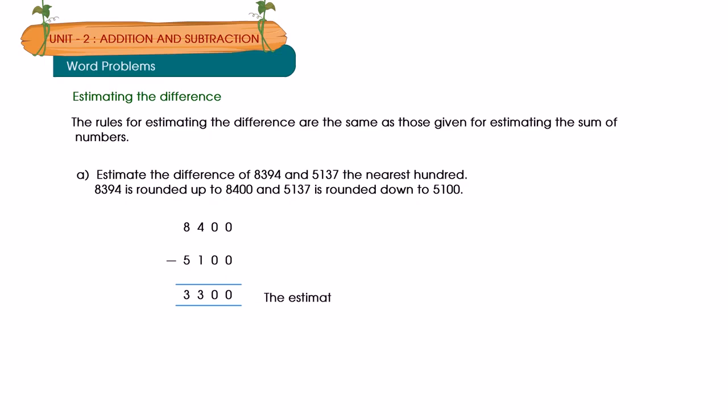The estimated difference of 8,394 and 5,137 is 3,300.